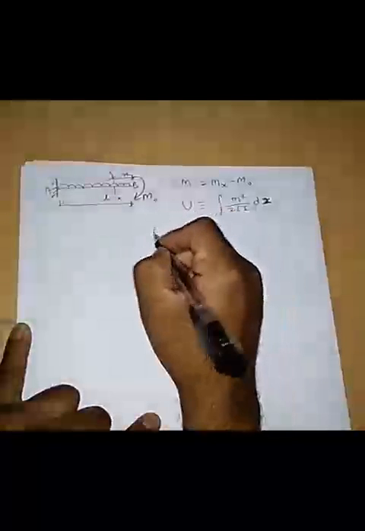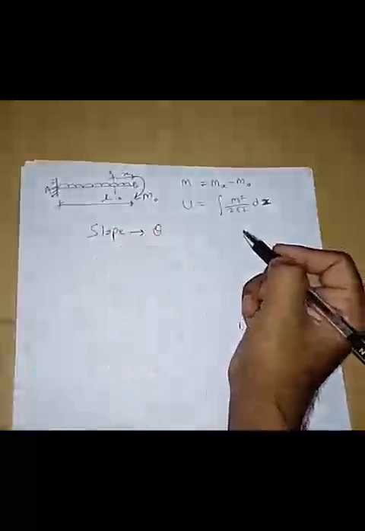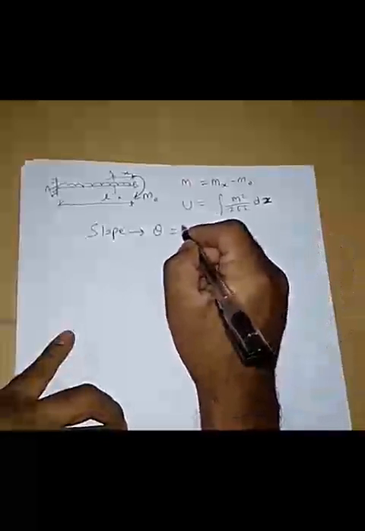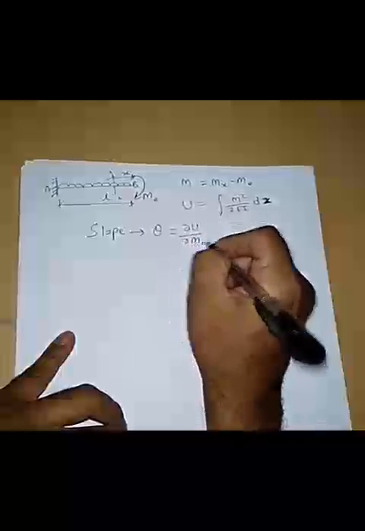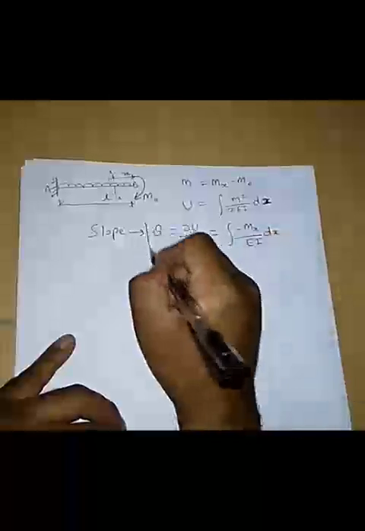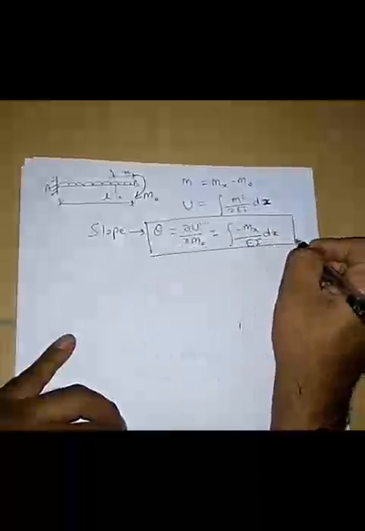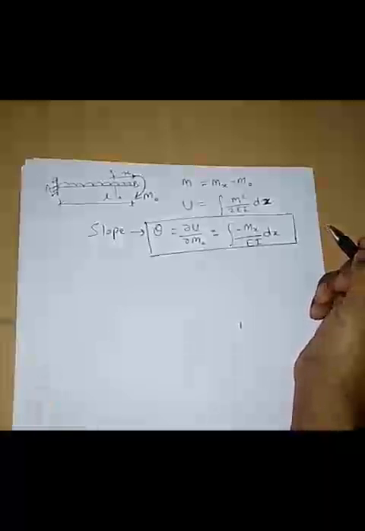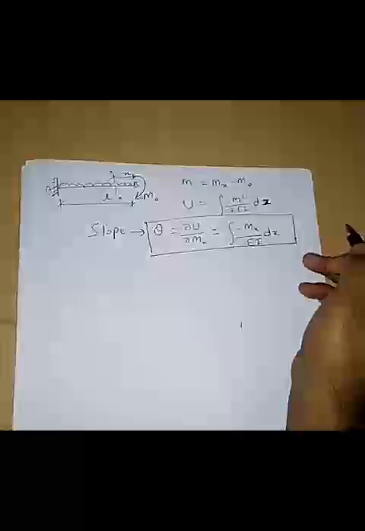Here theta is called the slope, so theta equals delta U divided by delta M0, which equals integration of minus Mx upon EI into dx. So this is how we get the slope. Now using the equations of slope and deflection and this Castigliano's theorem first, we'll solve the problems.